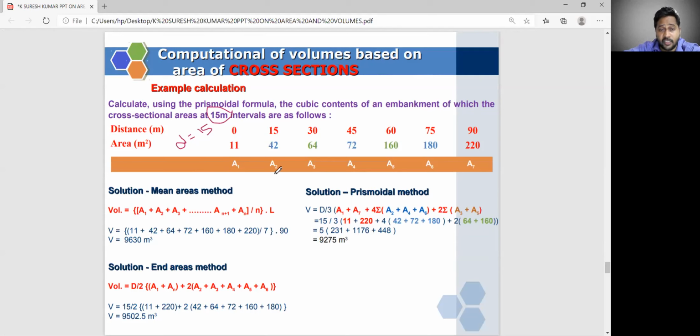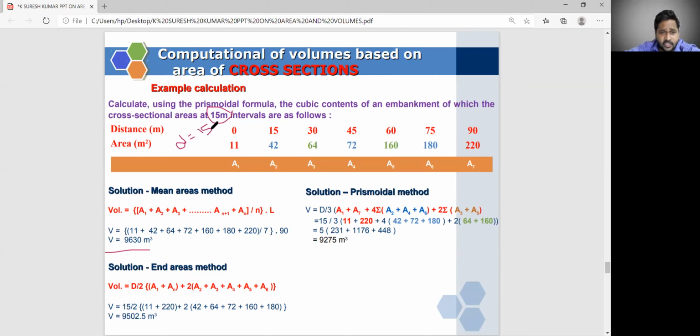What is this 90? L, the length, is given as 90. So the total volume is 9630 meter cube.